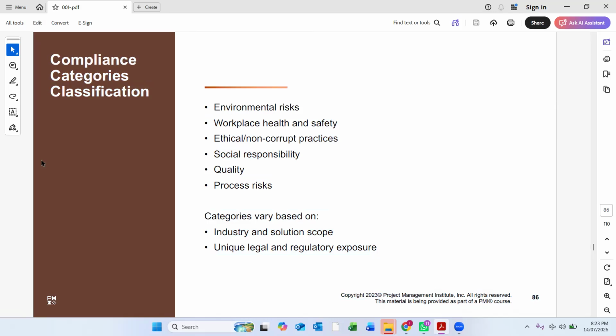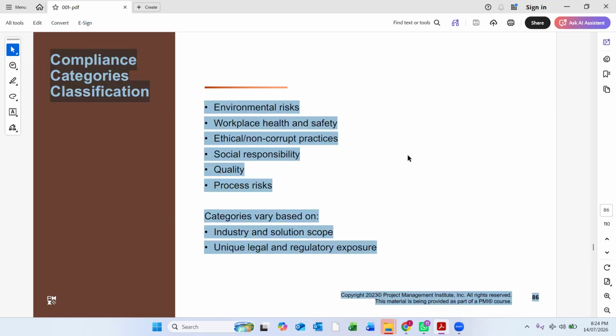And categories vary based on industry and solution scope, and unique legal and regulatory exposure should be there also. So the categorization can vary based on the industry and the solution scope, and the legal and regulatory exposure should also be there. So what did you get here from this discussion?